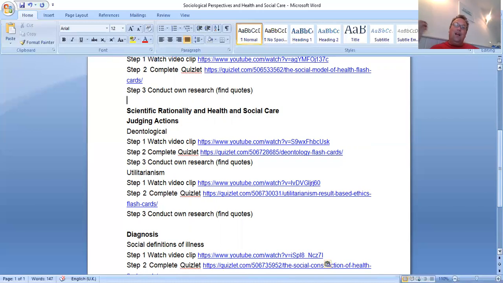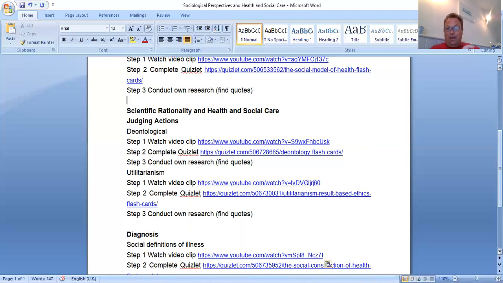Utilitarianism takes a diametrically opposed approach, which says the ends always justify the means. So it doesn't matter how bad or immoral the action is, if it produces the greatest happiness for the greatest number, it is the right and morally correct decision to make.